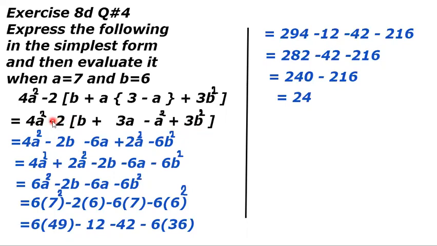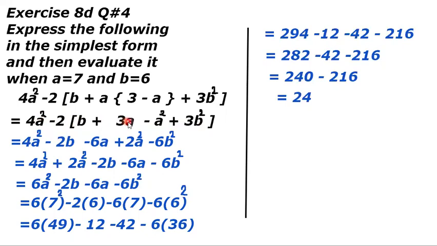We have to multiply the minus sign and 2 with all the terms inside the square bracket. 4A square will be written as it is without any changing, but negative 2 will be multiplied by B. First we multiply 2 with B, it will give us 2B. Now we will multiply the sign. B has a positive sign and 2 has a negative sign. Negative multiplied by positive gives us a negative 2B.